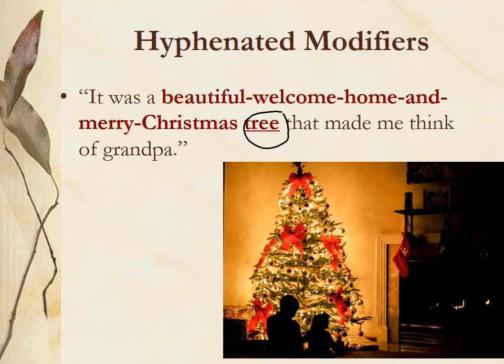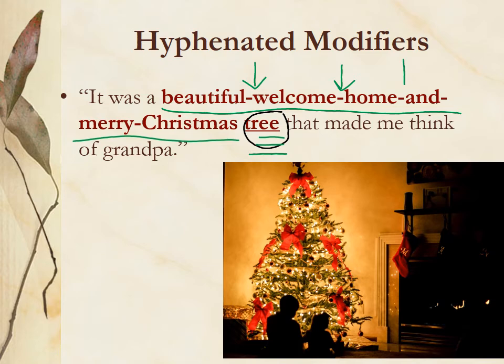And we describe it by saying, it's a beautiful welcome home and Merry Christmas tree that makes me think of Grandpa. Every word that we're using is connected by a hyphen. It's a series of words that we're using to build a new, interesting description of the tree.